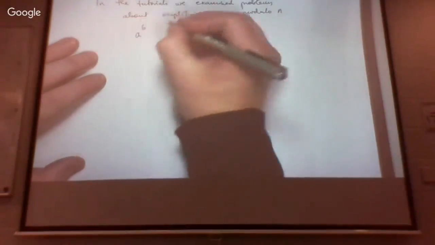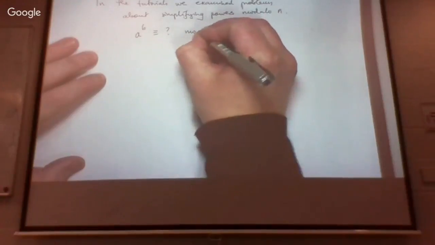Okay. We looked at a to the power b is congruent to what? Modulo n.